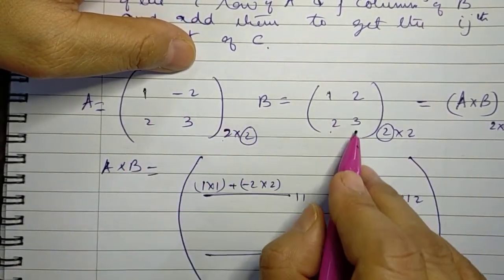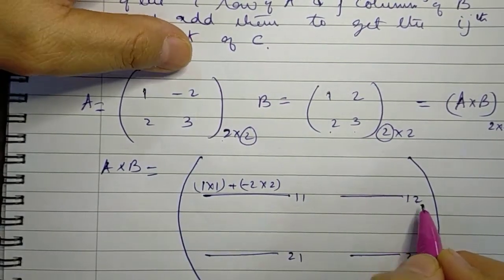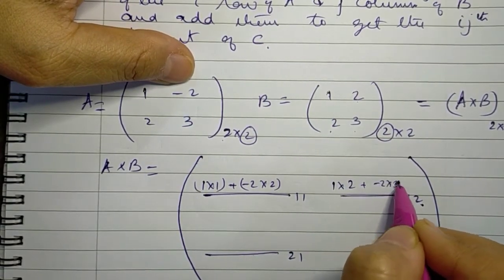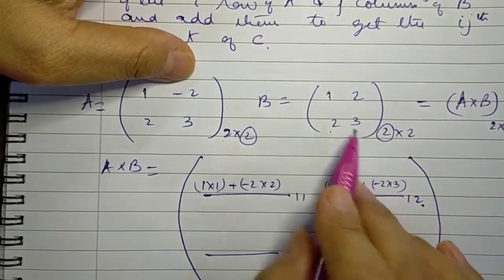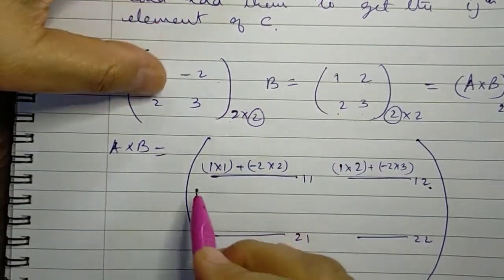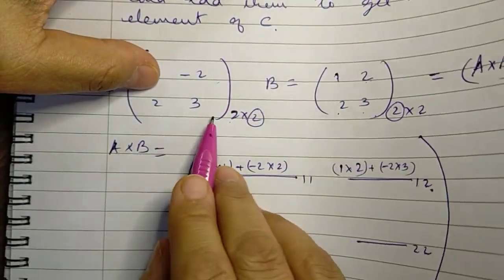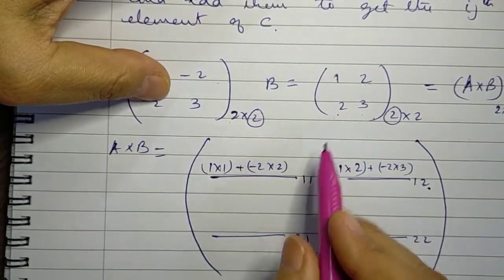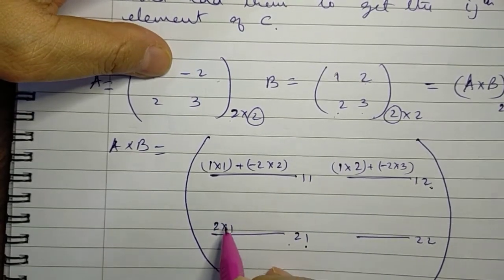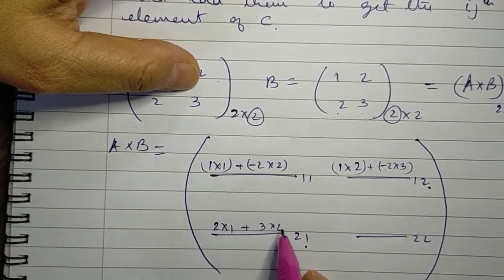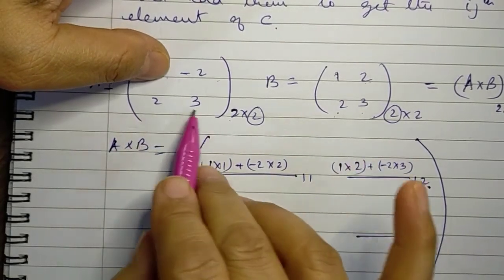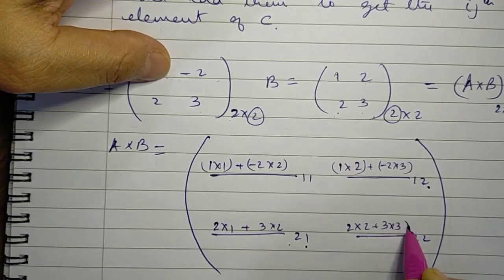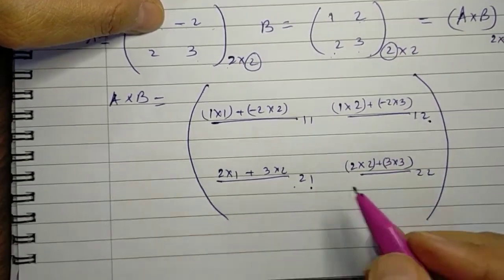Now first row second column is the 1 2 position: 1 into 2 plus minus 2 into 3. Then the 2 1 position, second row and first column: 2 into 1 plus 3 into 2. Then the 2 2 position is second row second column: 2 into 2 plus 3 into 3.